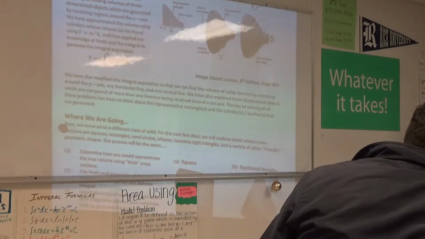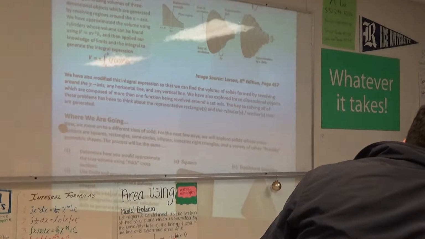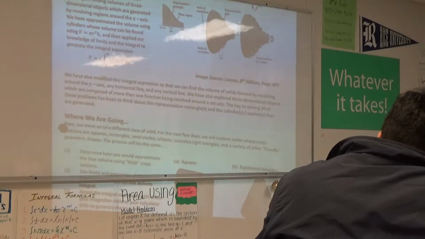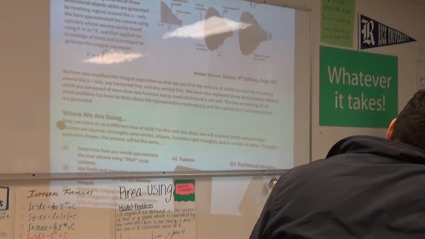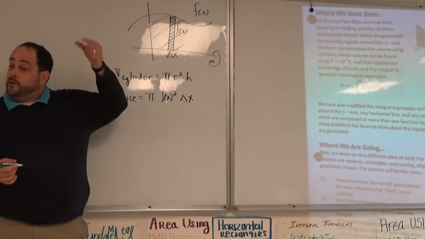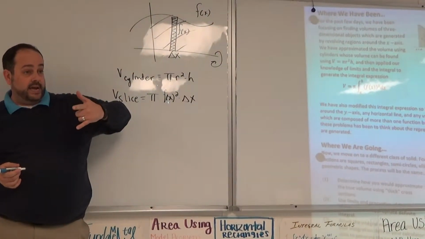It goes from the axis of rotation up to the curve, so this is the r. The delta x is the height, it's the thickness. I like to think of this as the volume of a slice. So the volume of my slice is pi times f of x squared times delta x. That's the volume when one rectangle gets spun around the x-axis.